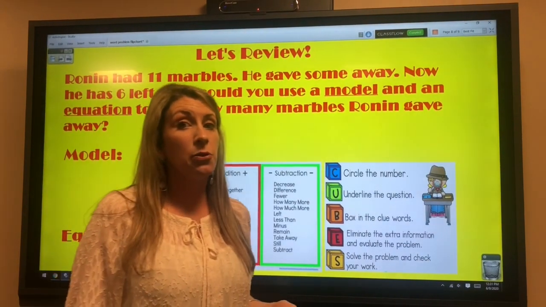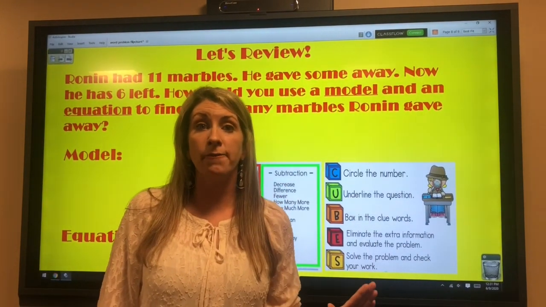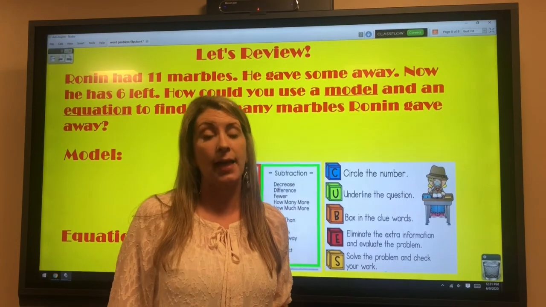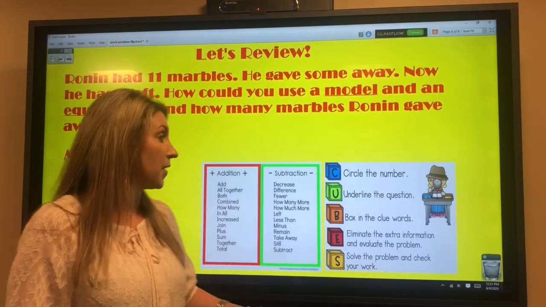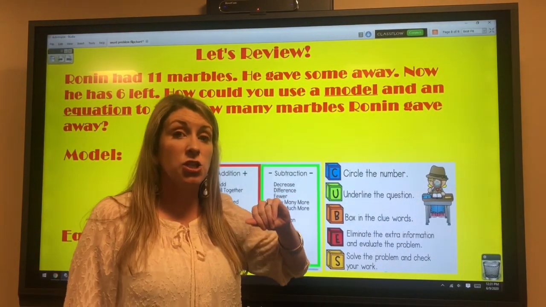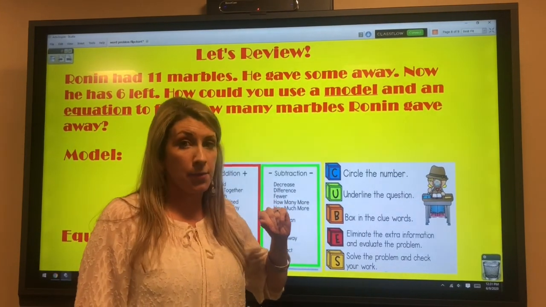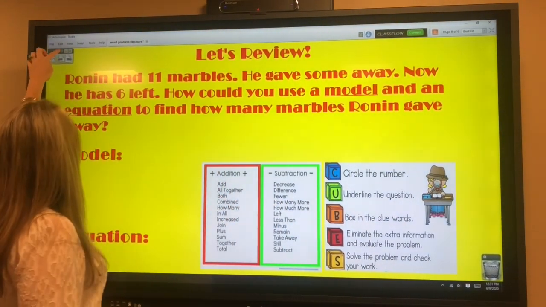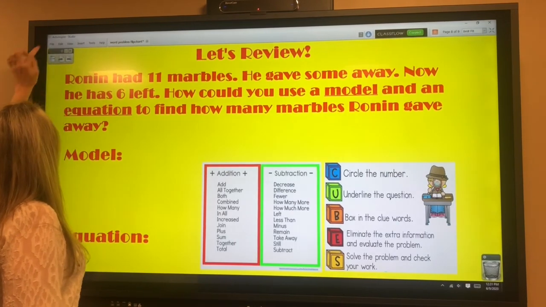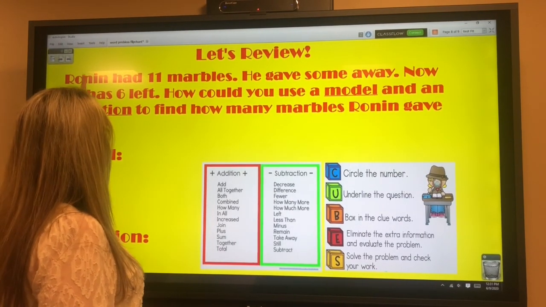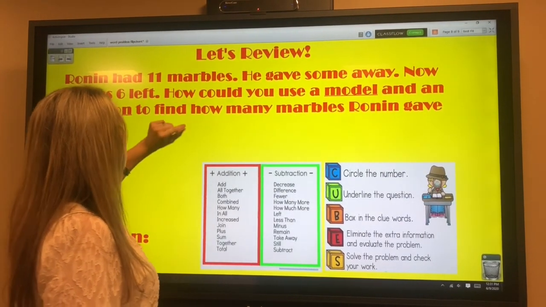Now, as I'm going through, I always read my problem first, then I go back and I look at my cubes method. Remember, the first step is to circle the number or numbers that are important. If you look at our first sentence, Ronan had 11 marbles.